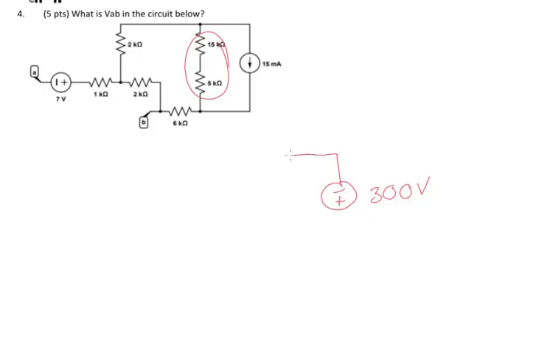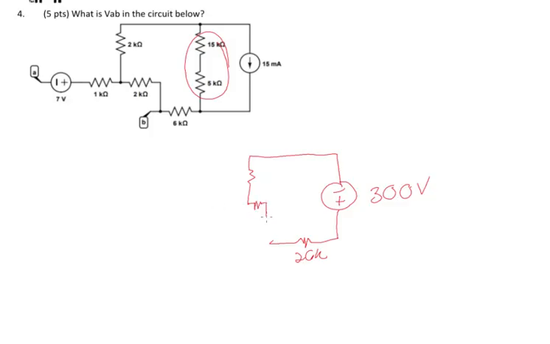So then we can draw this. There's a 2K here, and then there's a 6K plus the 20K that would be from our transformation. So this would be a 26K resistor. And then we can draw, let's see that better.